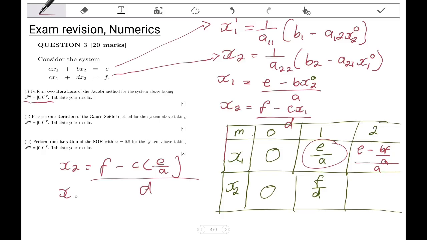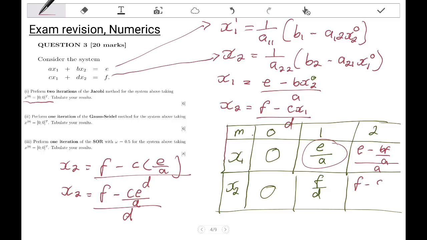So your x2 is going to be f minus ce divided by a, all over d. That's your x2. So your answer is f minus ce over a, all divided by d. That means you are done.